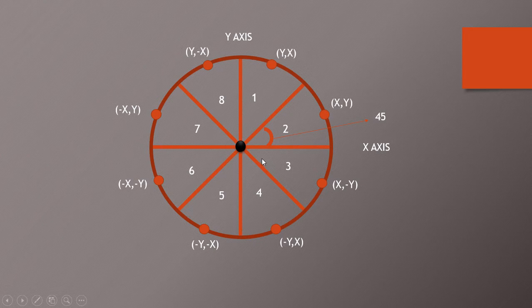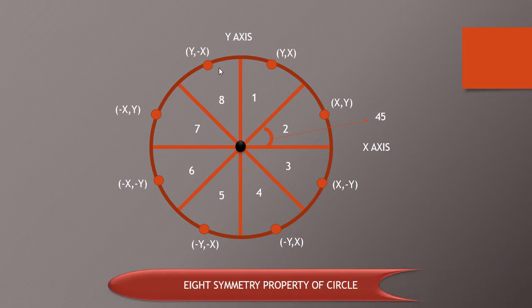This part of the x-axis has negative values and this part of the y-axis has positive values. Whatever pixels are present on this perimeter all have positive x values and positive y values. In this way all the other pixels have their dimensions and signs. So this is all about the 8-way symmetry property of a circle.